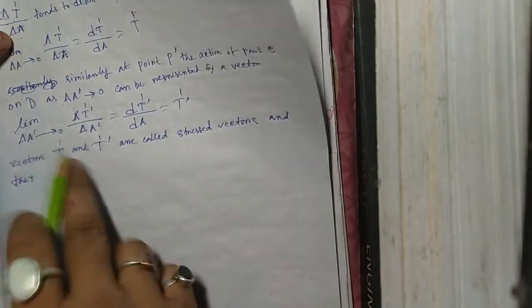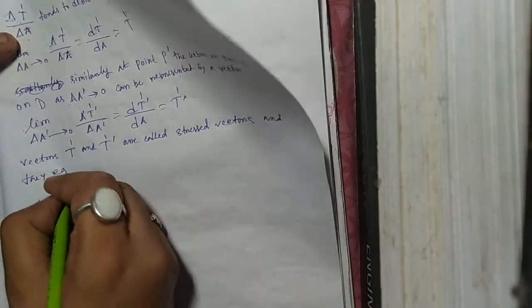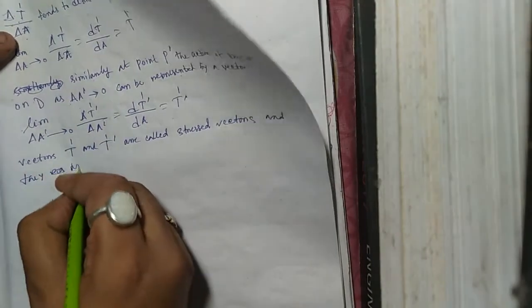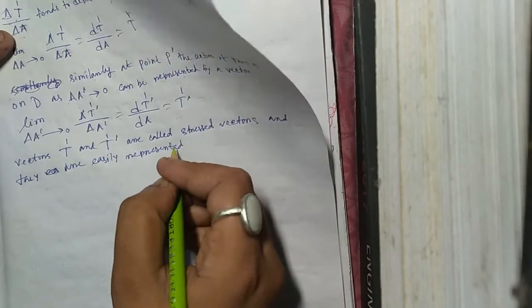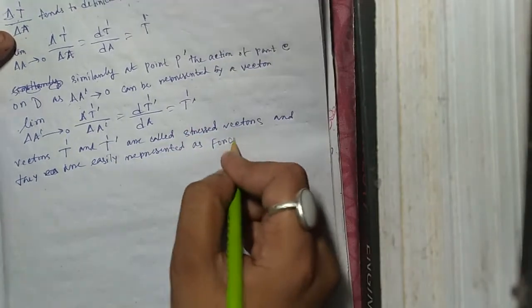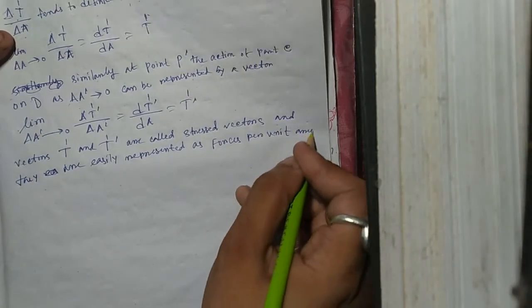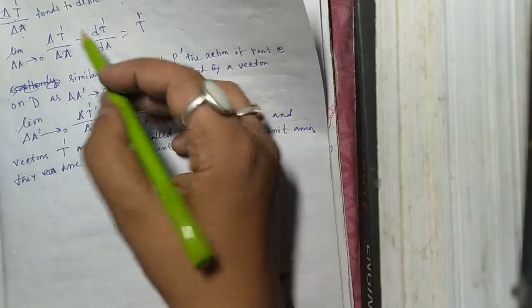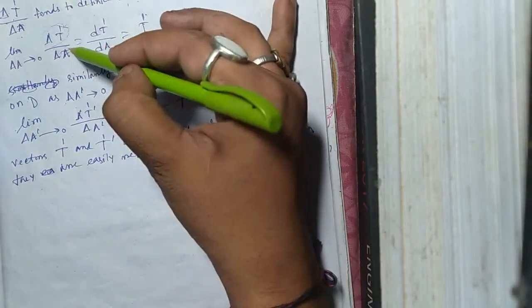So vector T1 and T1 dash are called stress vectors, and they are easily represented as forces per unit area. See that this is the force and this is the area.